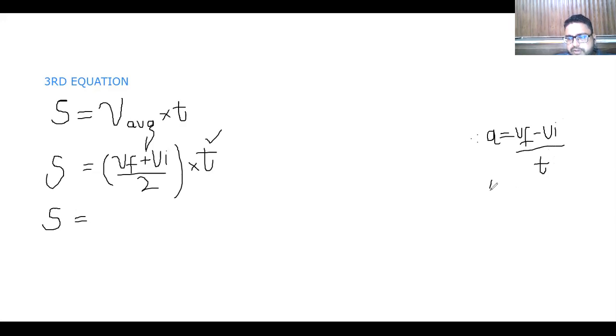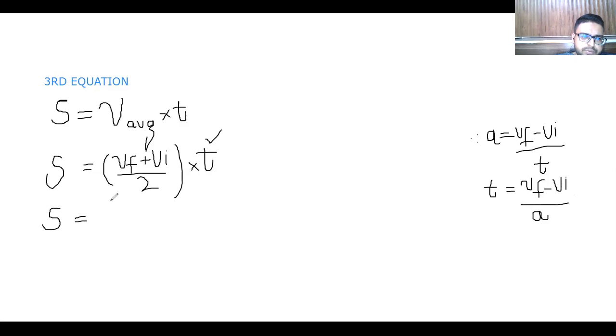If you rearrange this equation by simple mathematical rules, time will become Vf minus Vi divided by A.